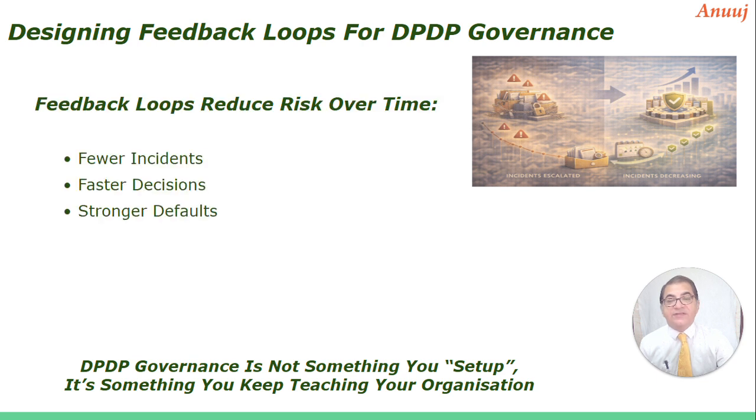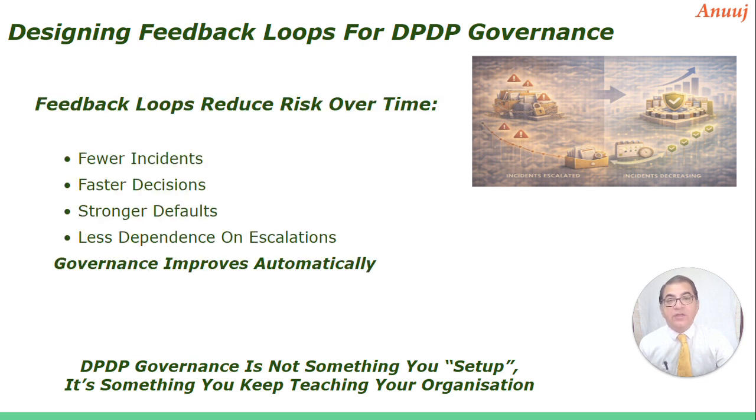DPDP governance is important not only because it is a compliance issue, but also because it can damage your market reputation. Once a feedback loop is established, you will have fewer incidents, faster decisions, strong default settings, and much less dependence on escalations. Governance will always improve automatically.